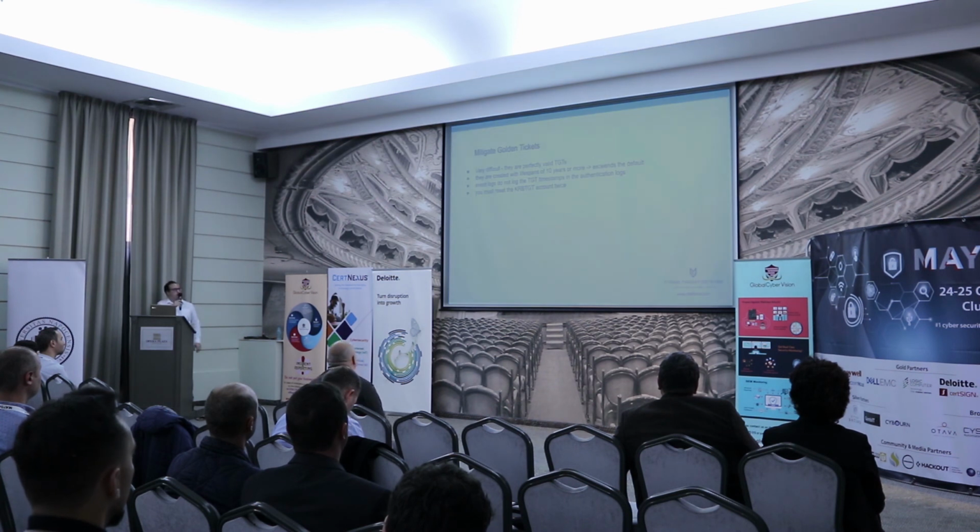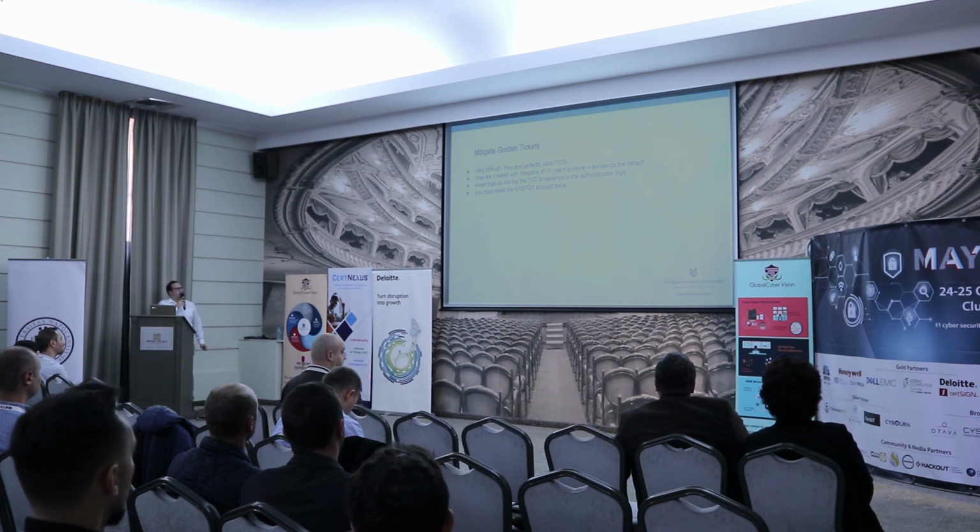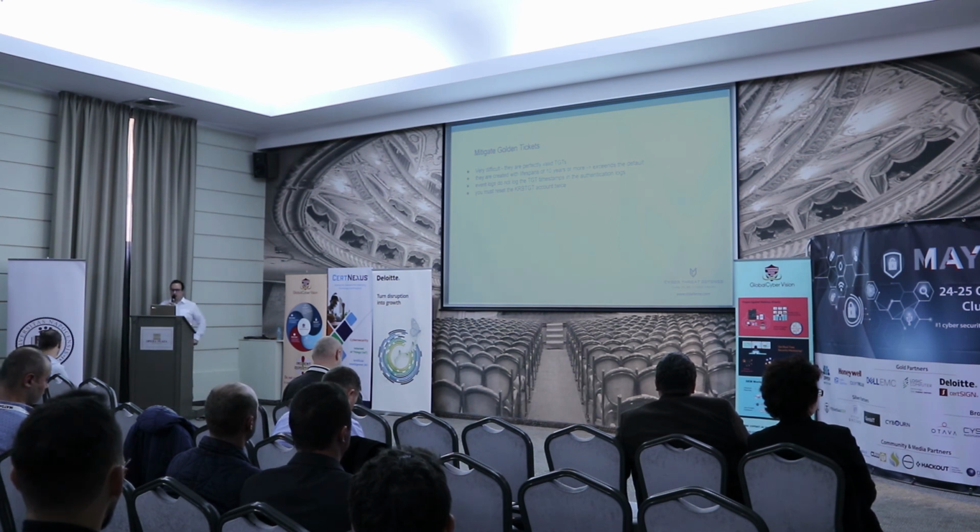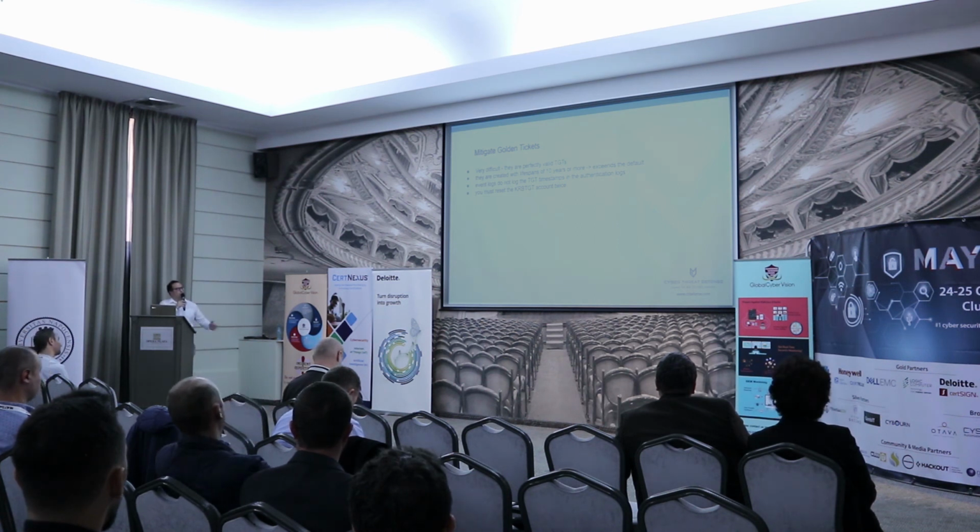How to mitigate this? As I said, it's very difficult. In case they are created with a very long lifespan, they might get caught. But if you catch someone else's golden ticket, you must reset the account twice in order to generate a new golden ticket for this account.